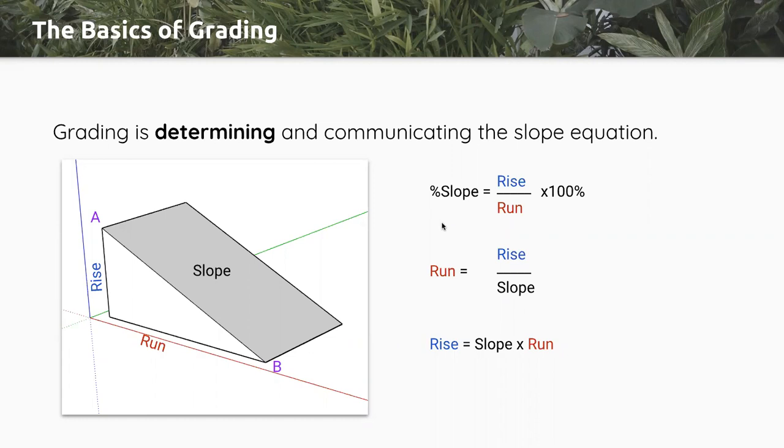So that missing number might be you need to figure out the slope. Sometimes you need to figure out the run. Figuring out the run is actually going to be your second most used version of this equation. Or in some instances, you need to figure out what the rise is. Rise and run, they go back and forth quite a bit.